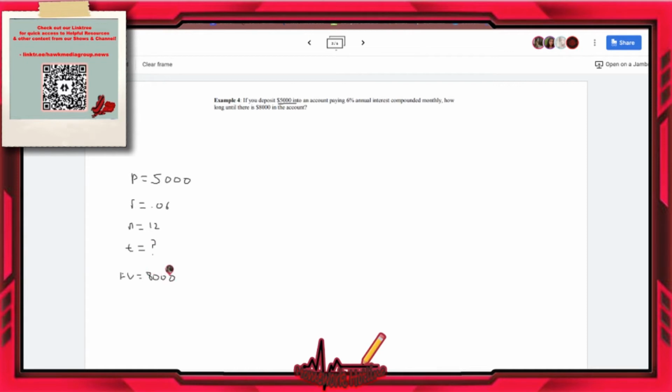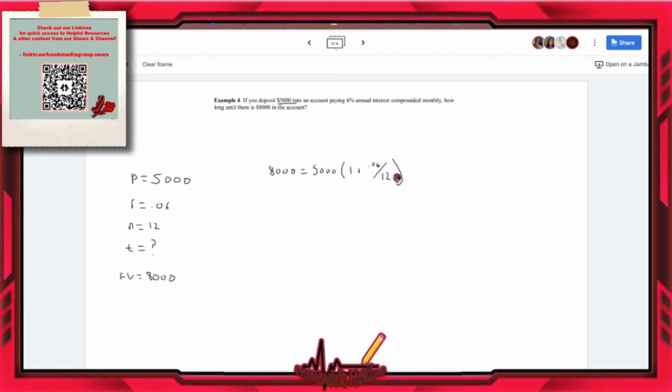So now we can set up our formula and plug everything we possibly can in. So our future value is 8,000 equals our principal, 5,000. Inside the parentheses would be 1 plus 0.06 over N, which is 12.